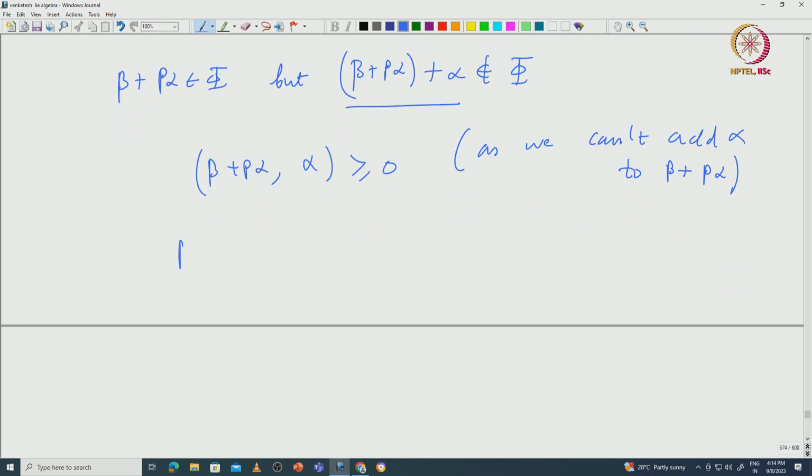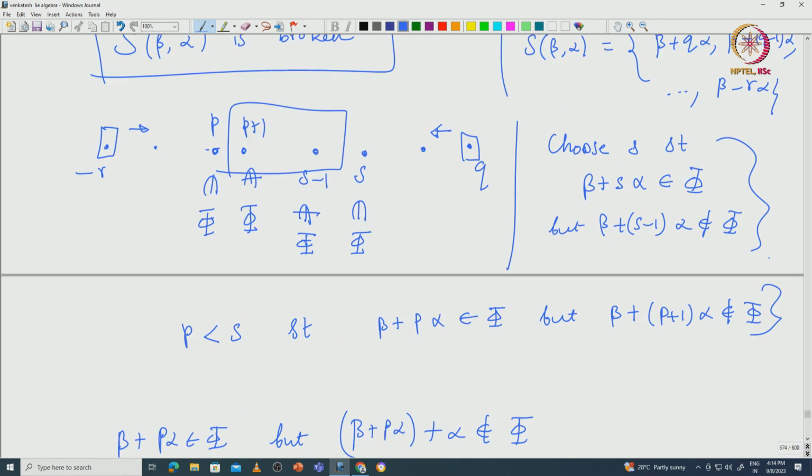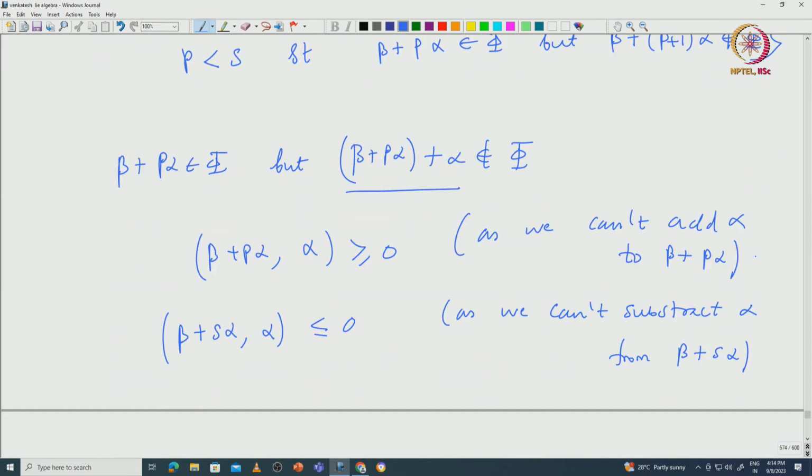Similarly, we also conclude that the inner product of beta plus S alpha with alpha must be non-positive, as we can't subtract alpha from beta plus S alpha, because beta plus (S minus 1) alpha is not there.